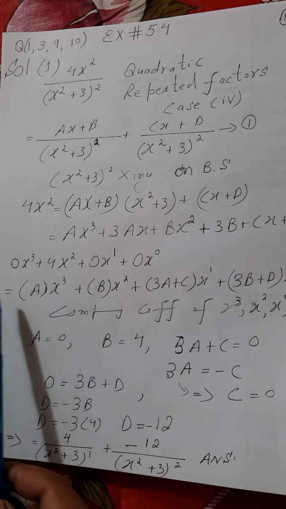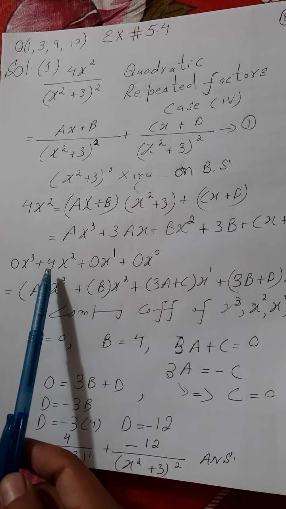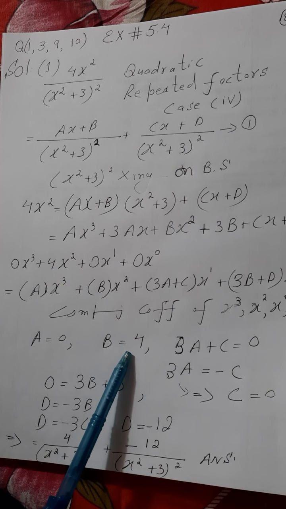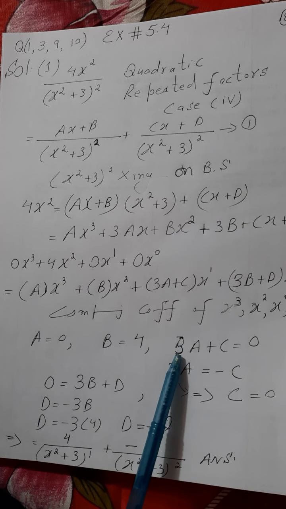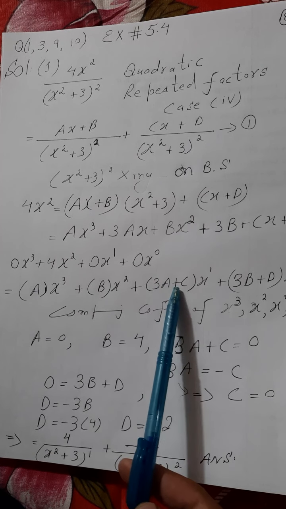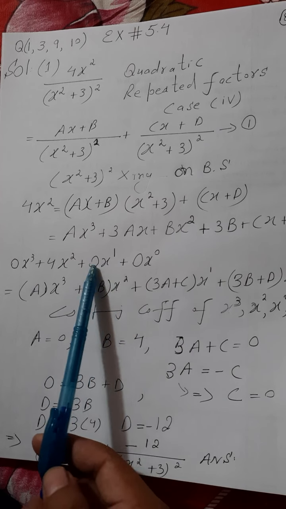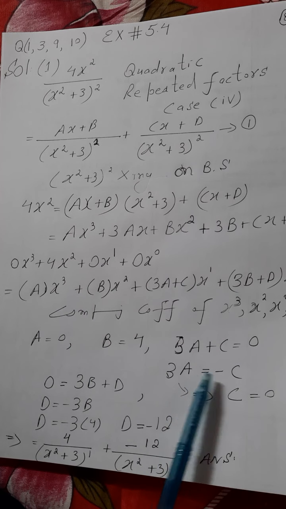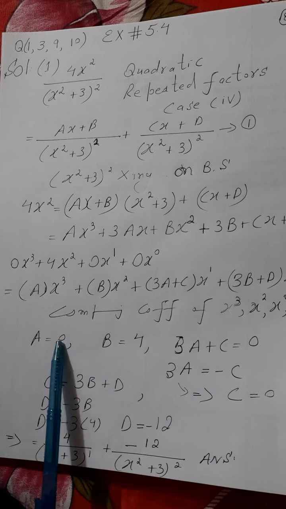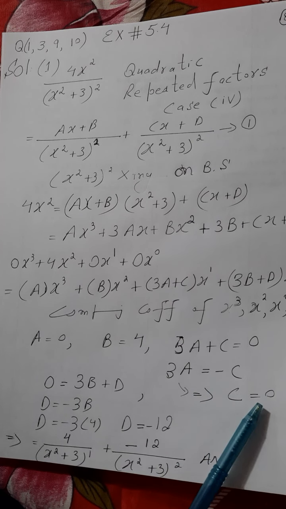a has no coefficient, it means that a is 0. The x square coefficient there is 4, so b is 4. The coefficient of x power 1 is 3a plus c, and there is no x power 1, it means that 3a plus c is 0. So 3a is equal to minus c, but a is 0, so 3 into 0 is 0, so c is 0.